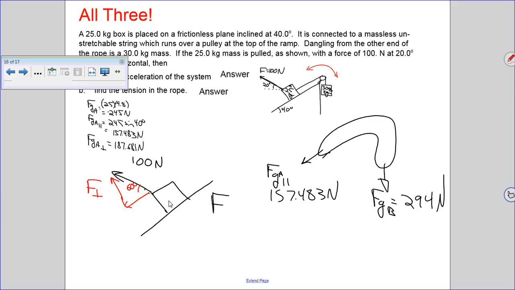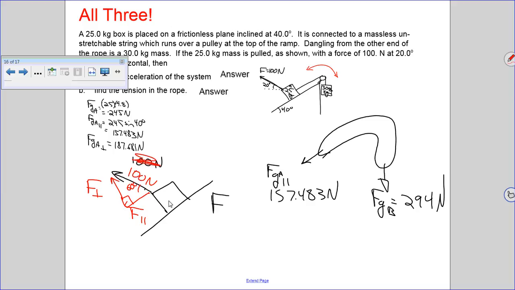There we go, a little better. You guys see that? Now, the 100 newtons is the hypotenuse. Which trig function will give me the parallel component, sine or cosine? Cosine, because it's the adjacent side of this triangle. Are we good?